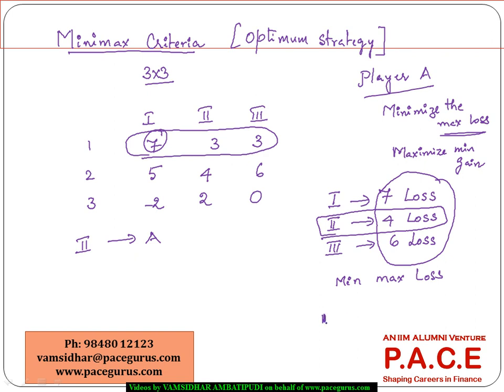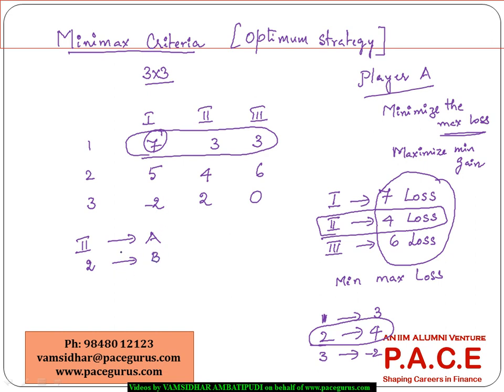So if he is choosing strategy number 1, the minimum gain is 3. Whereas if he is going with strategy number 2, the minimum gain is 4. At strategy number 3, the minimum gain is minus 2. Now again, he has to maximize the minimum gain. So even player B will choose strategy number 2.